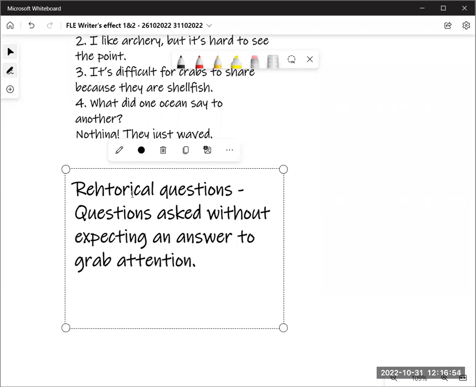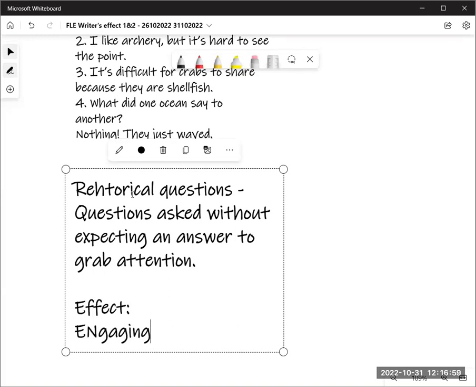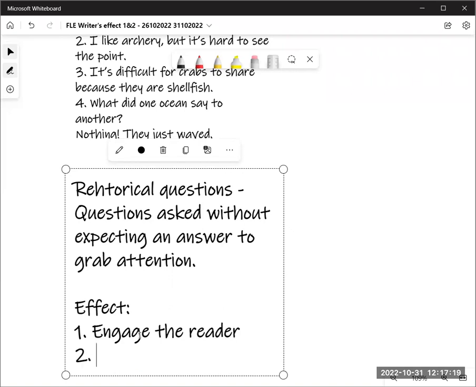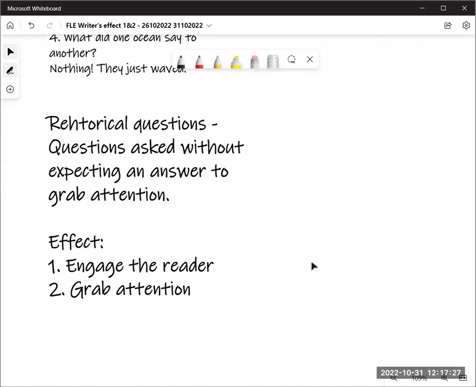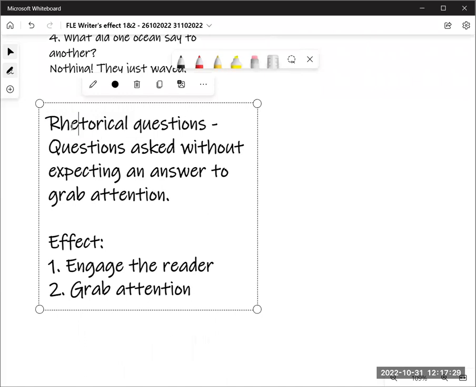Now this one basically the effect is engaging. Or basically engage the reader. Finish writing quickly and make, let's say, grab attention. That's it. Spelling is wrong. It's a rhetorical question.